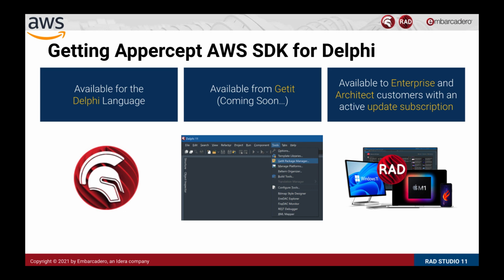If your update subscription has expired, please let us know, and we can certainly help you get current so you can access these great libraries as well. Following the example that we used for FMX Linux, it's going to be available through GetIt in the coming days.